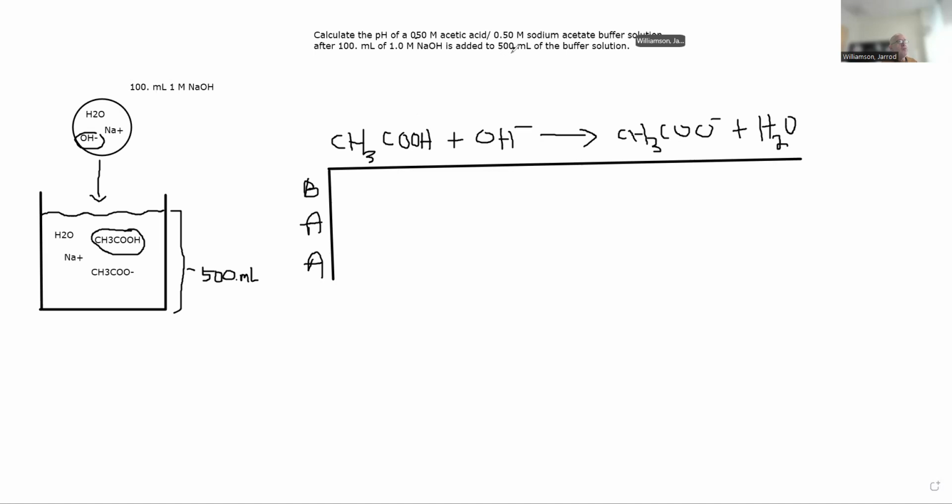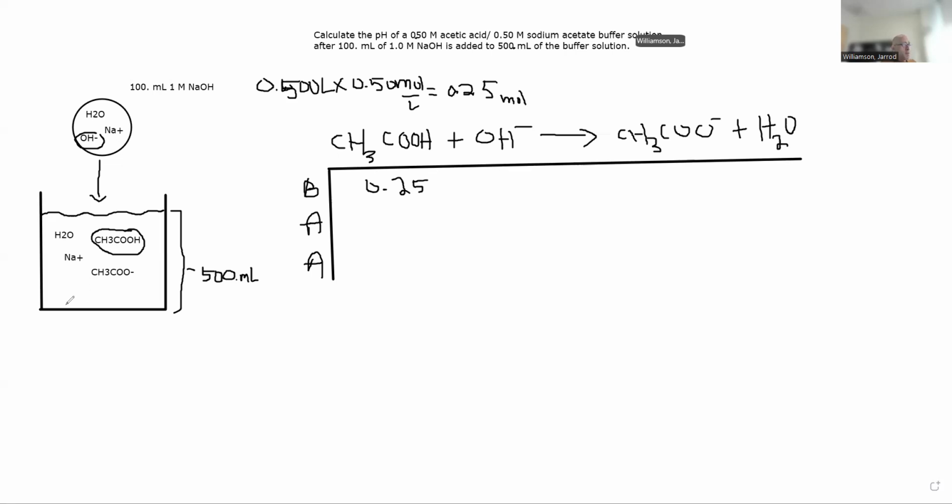Well, it is 500 mils, which is half a liter. And its concentration happens to be 0.5 moles per liter, which will give me 0.25 moles. This is before I drop anything in here.